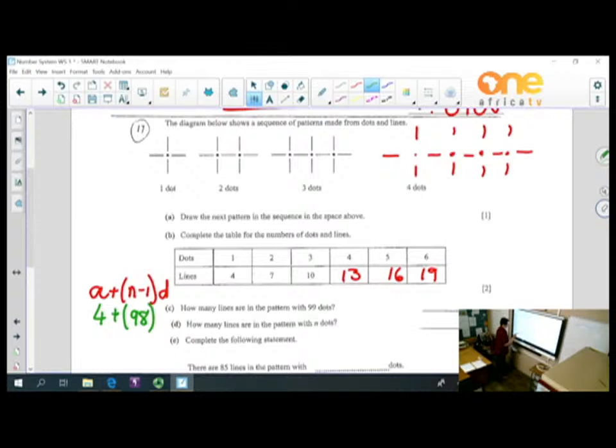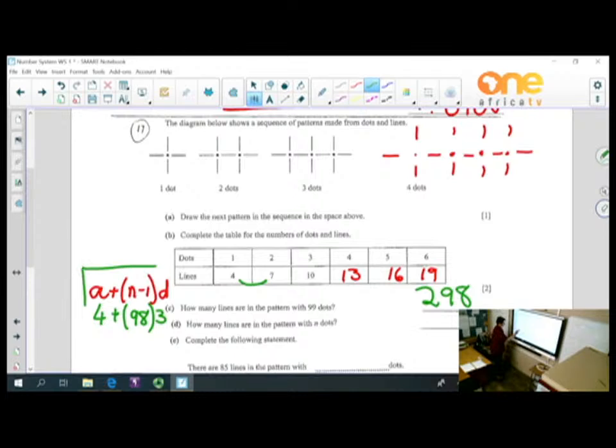And D stands for the common difference. So what is the difference every time here? 3. So if you substitute a 3 in there, and if we just do that calculation, I got 298. You see, that's much easier than sitting in error and trial on your calculator.